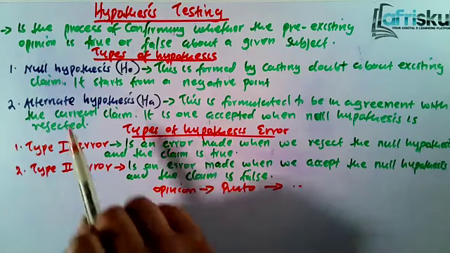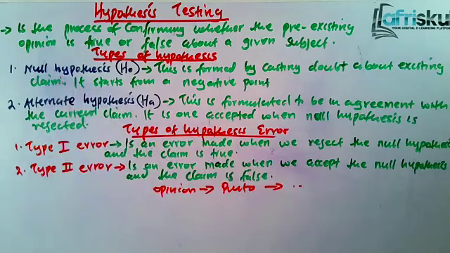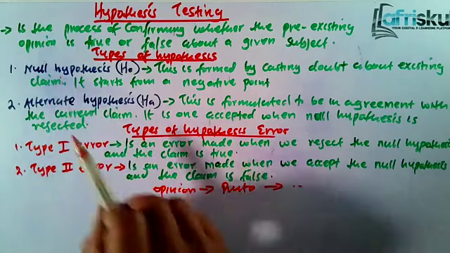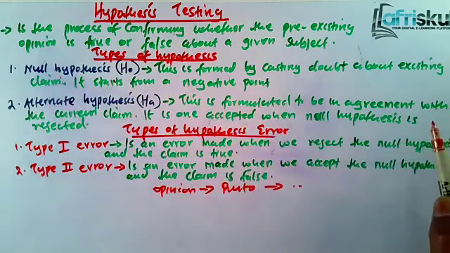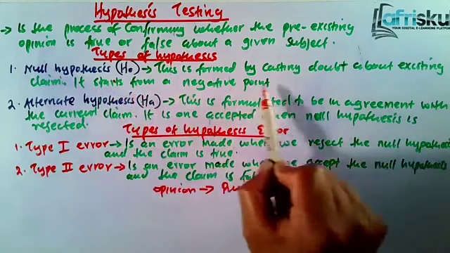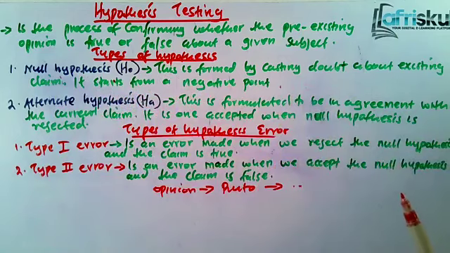First of all, for the null hypothesis, you have to cast doubt: he cannot. Now that "he cannot" is what you call the null hypothesis. First of all, you cast the doubt. And then we have said that it starts from a negative point, with the objective of triggering more information. When I have said he cannot, then you start, when you have said he will win, you start to support your opinion. Now that's what you call the null hypothesis.